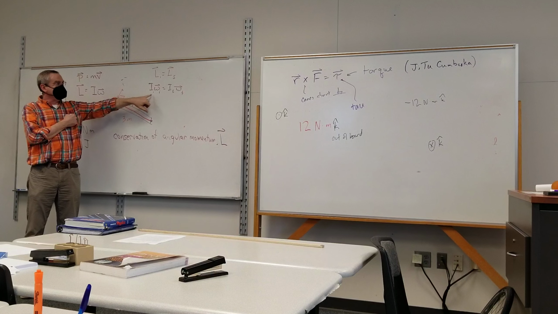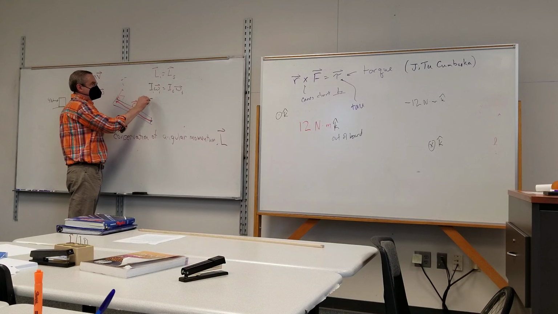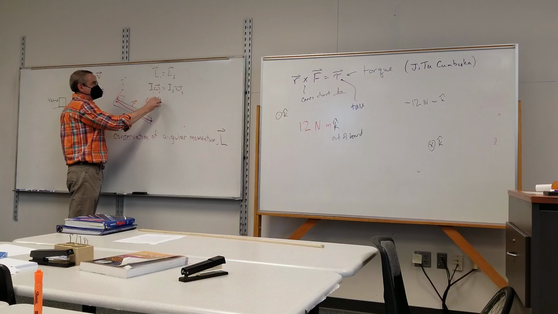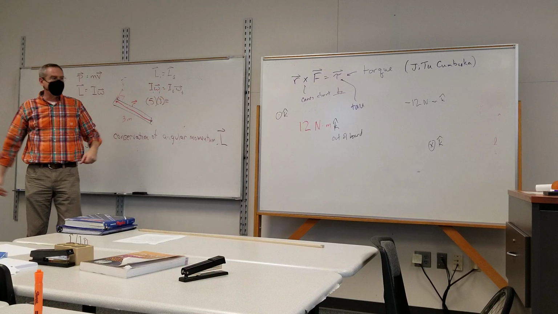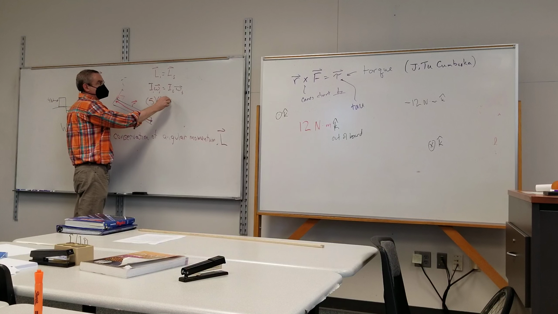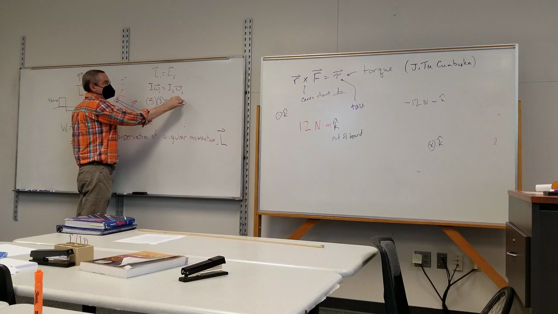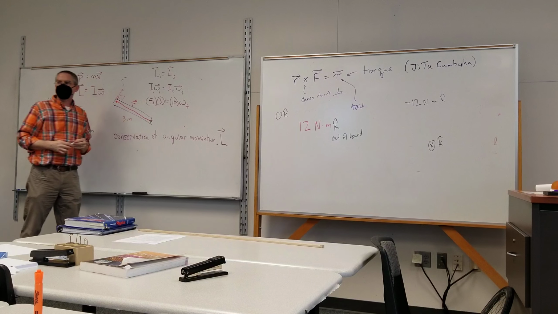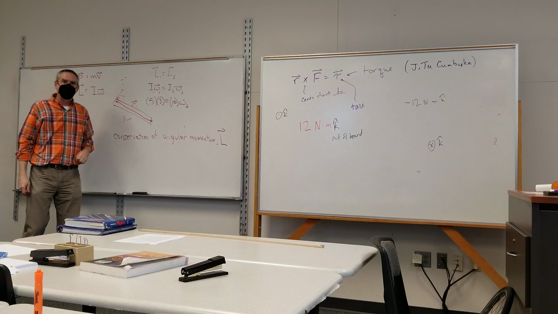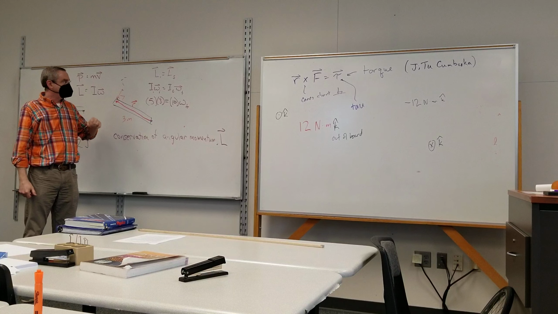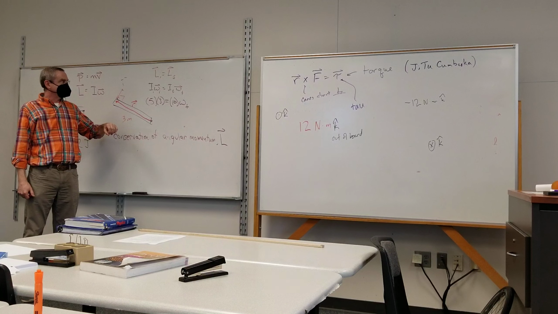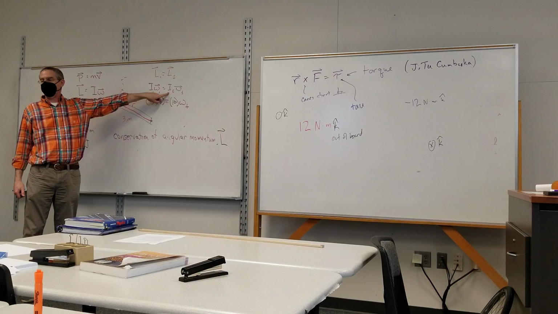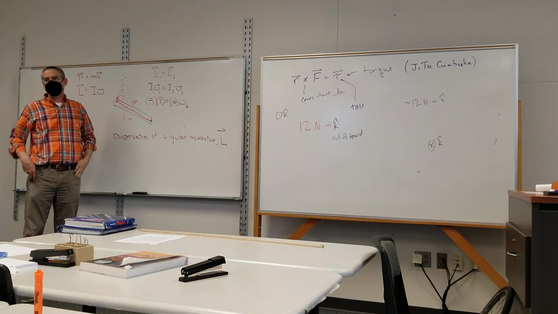And so when I change those, say if this is 5 and this is 3, if I change my moment of inertia so that I have a bigger moment of inertia, so if I make that 10, what happens to how fast I'm spinning? So if I double my moment of inertia, what happens to my angular velocity?